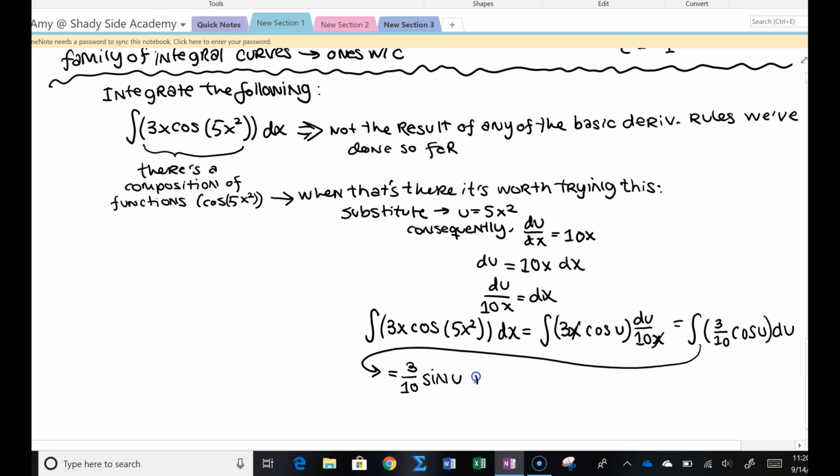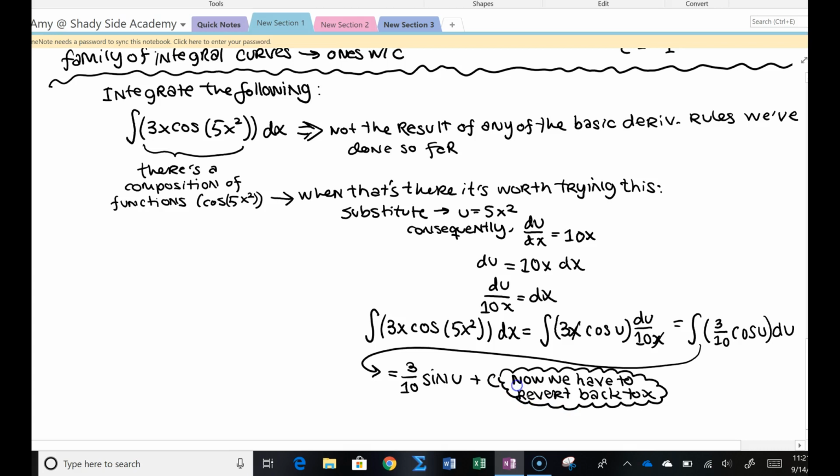We have to obey the question as it was initially presented to us. The question was a task in terms of x, so we have to express our answer in terms of x. 3/10 sine of u plus c. Is there a way that I could rewrite this in terms of x?